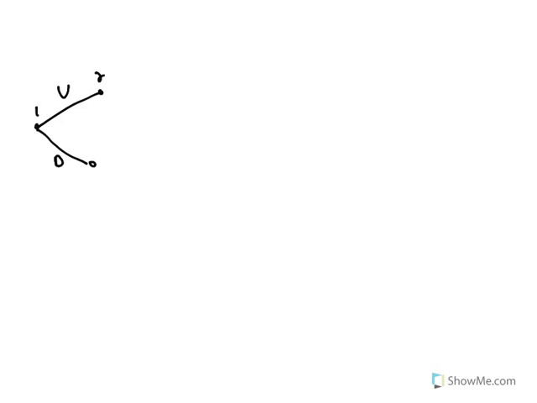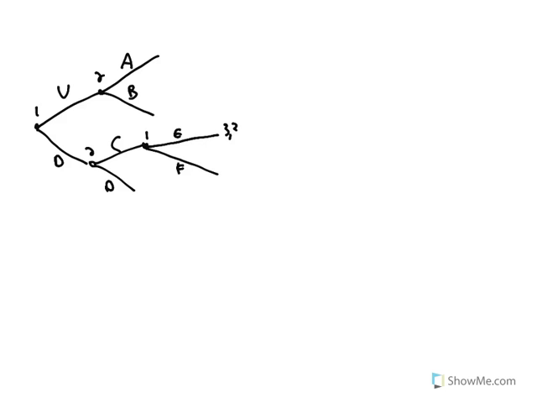The game passes to player 2, who can choose A or B in that information set, C or D in this information set, and here it gets passed back to player 1, who can play E or F, and the payoffs are 3, 3, 2, 0, 1, 4, 5, 2, 6, 2. Okay?